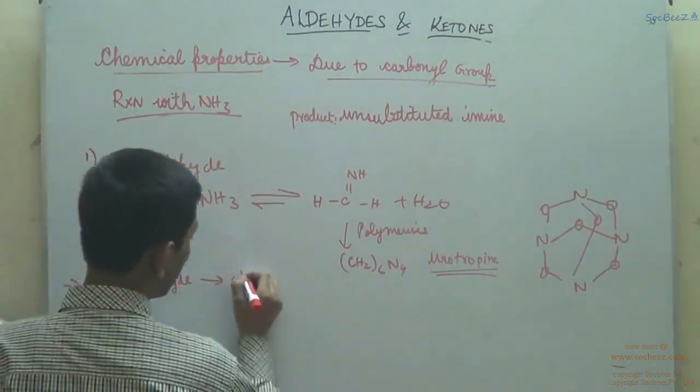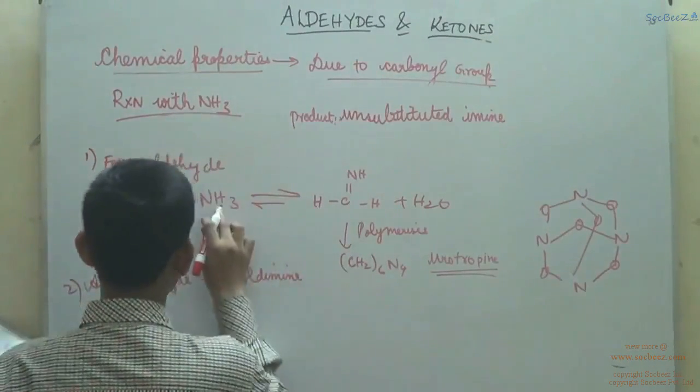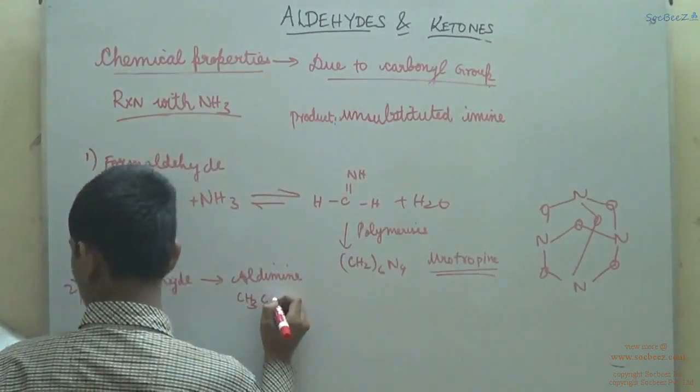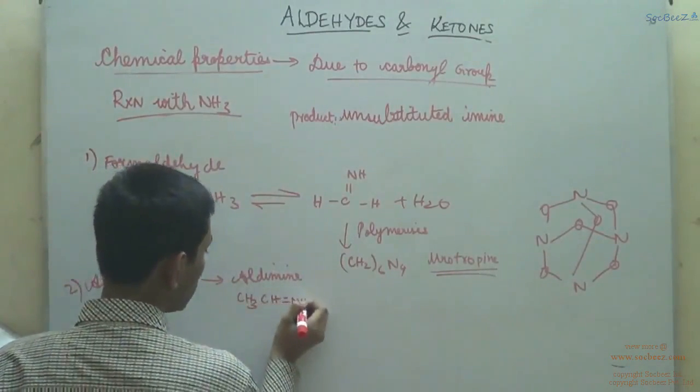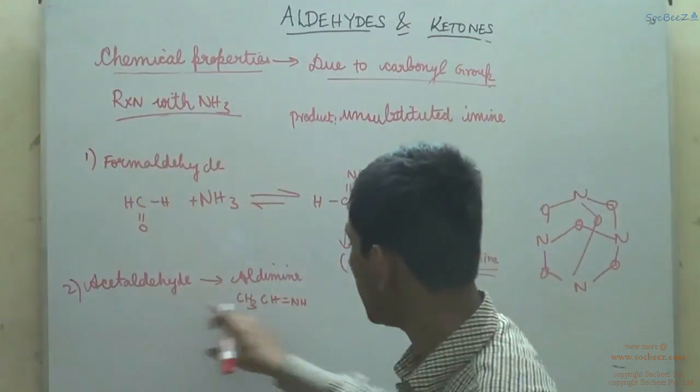If you have acetaldehyde, it forms an aldimine, which is nothing but removal of water from acetaldehyde with ammonia. CH3CH=O would be the aldehyde.